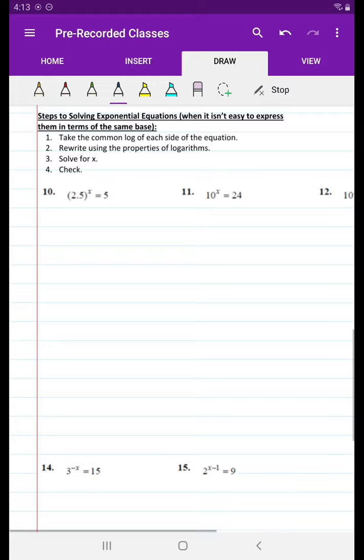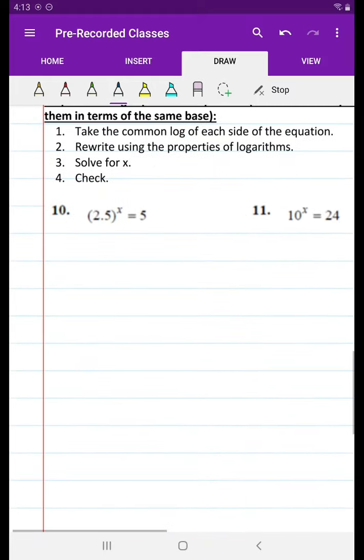So starting with number 10, if I take the common log of both sides of that, I would get log 2.5 raised to the x equals log 5.